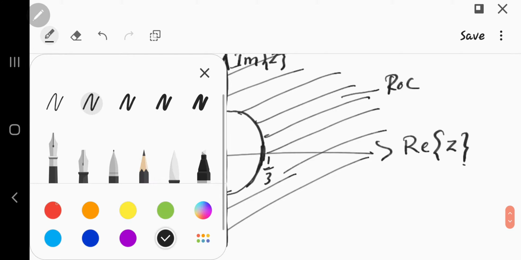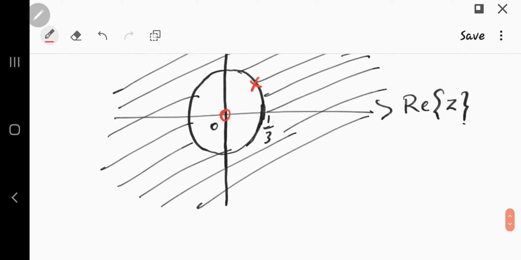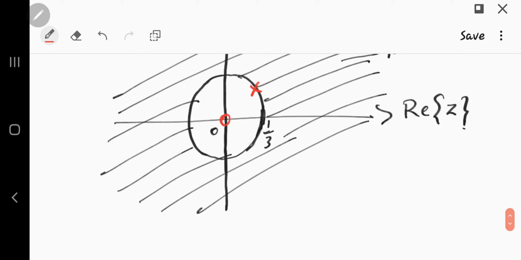Now coming to poles and zeros. First thing is we have a zero located here, and second, pi by 4, 45 degrees. I'll mark somewhere here, plus pi by 4. Another one is minus pi by 4, I'll mark here.